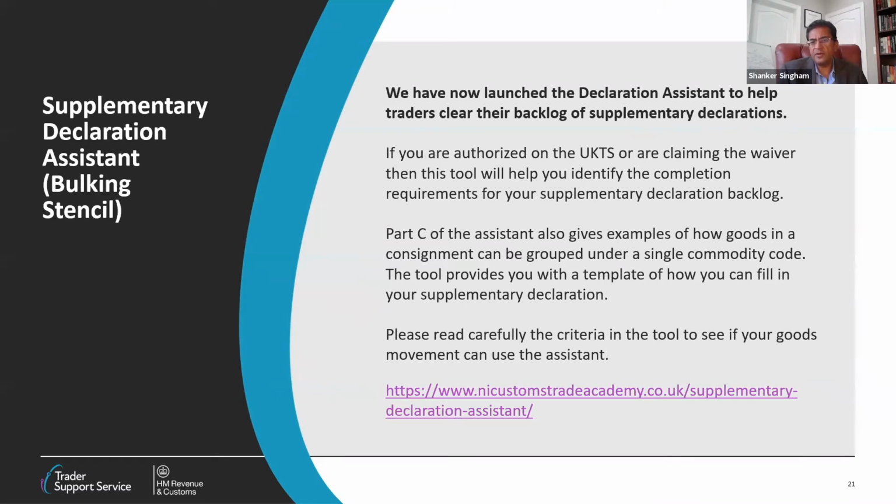If you're claiming the waiver, which is the state aid's authorized de minimis amount, then you're not paying a tariff either. Then the supplementary declaration assistant enables you to complete your supplementary declaration very easily. What the assistant does is group goods in a given consignment to a single commodity code. Under the UTC, you use the highest tariff commodity code.